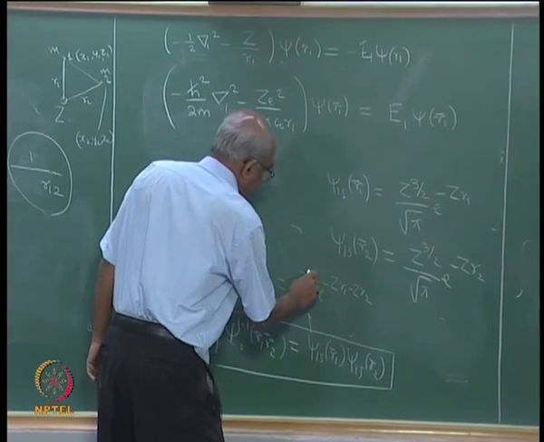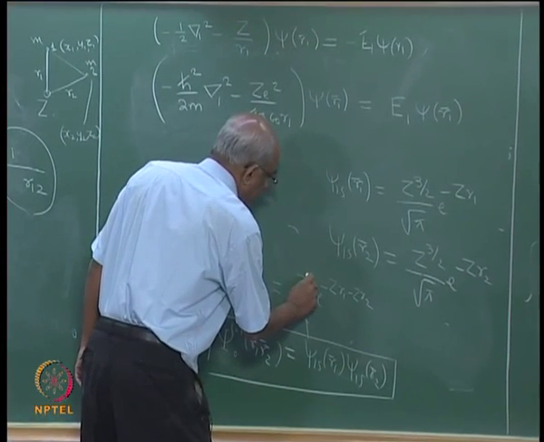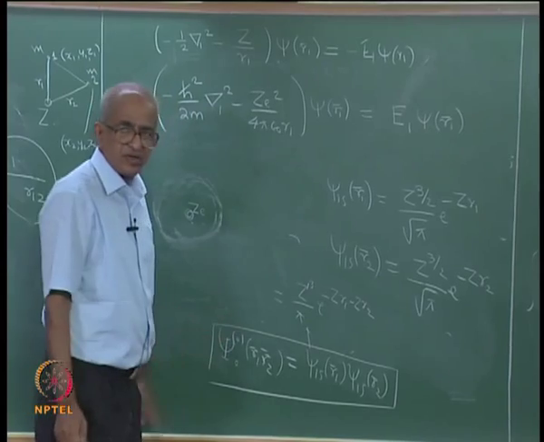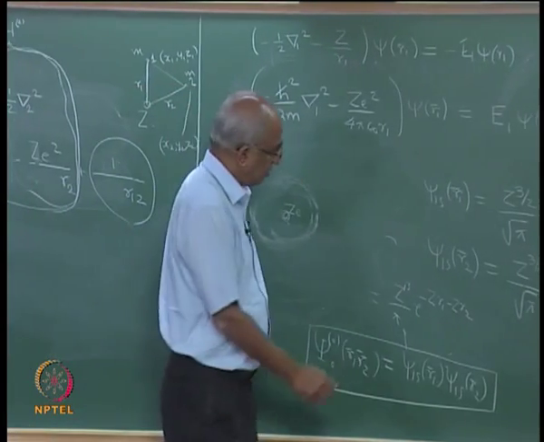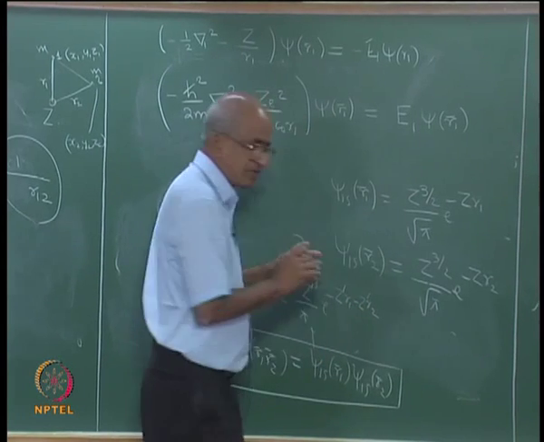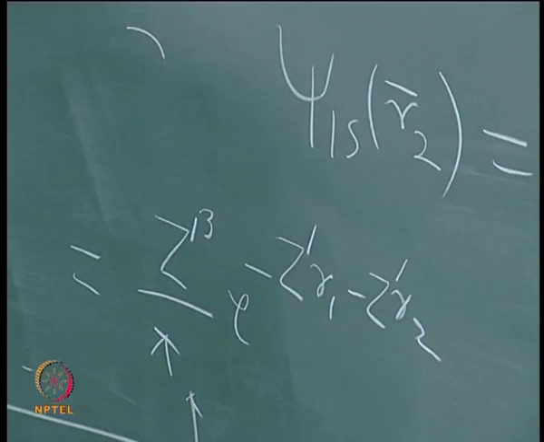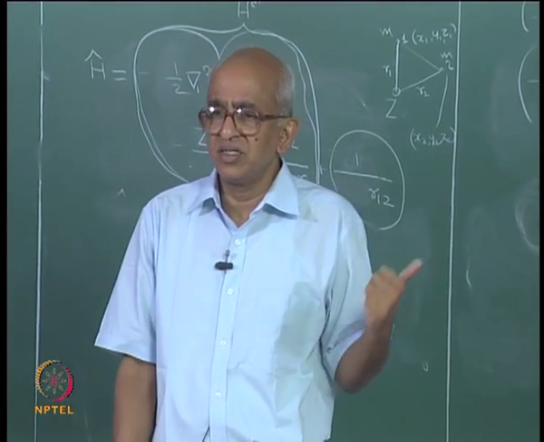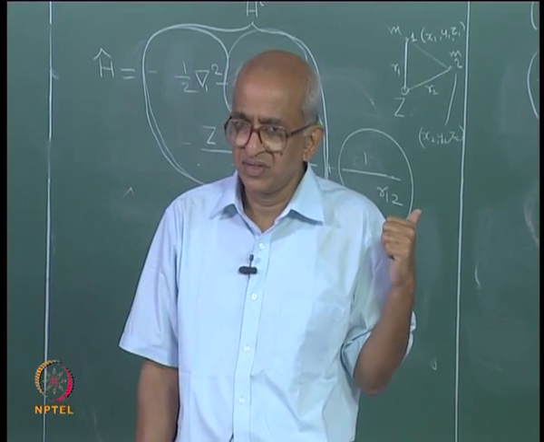The new function that I can think of would have an effective nuclear charge, which I shall denote as Z prime, and I would have a Z prime here, Z prime here. So, effective nuclear charge is now Z prime, but I do not know what the value of Z prime is, but it is a parameter that occurs in my wave function.